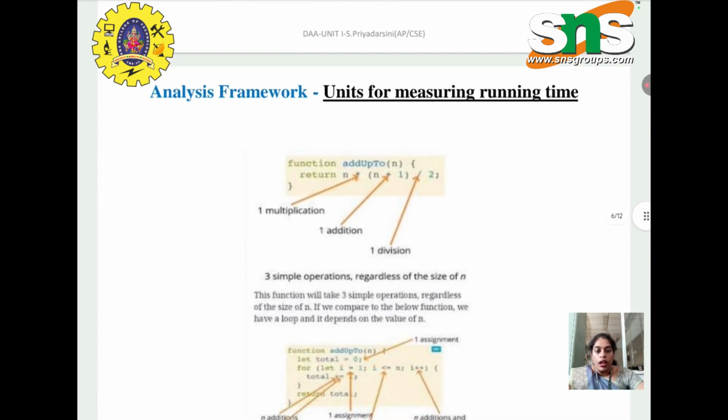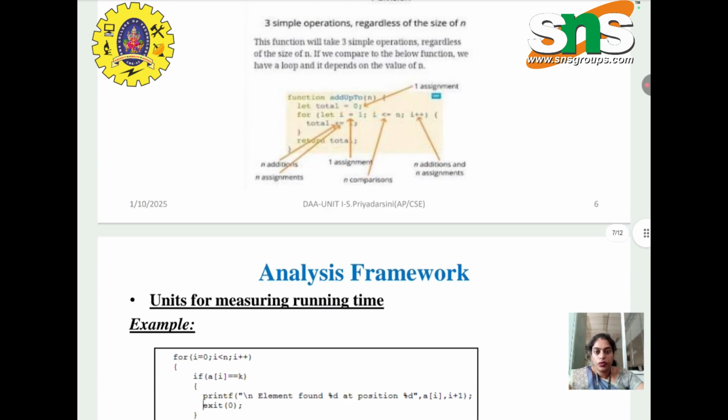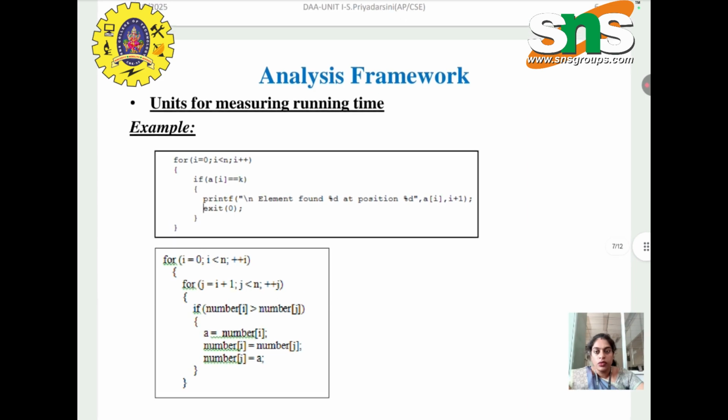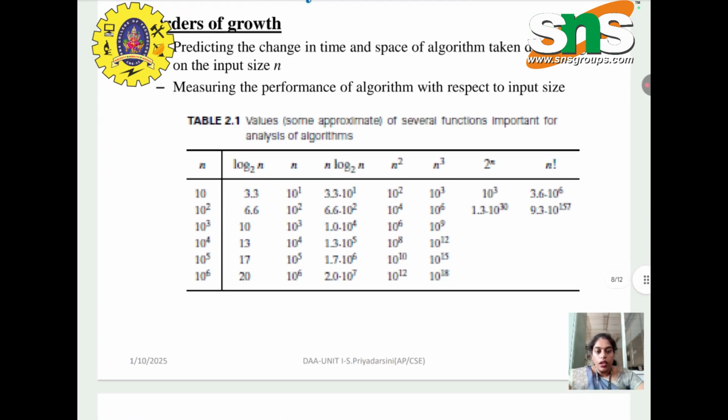Okay. Next is order of growth, which is a powerful way of predicting how our algorithm behaves as the input size increases. For example, if one algorithm takes n square operations and another takes n log n, the second is more efficient for large values of n.